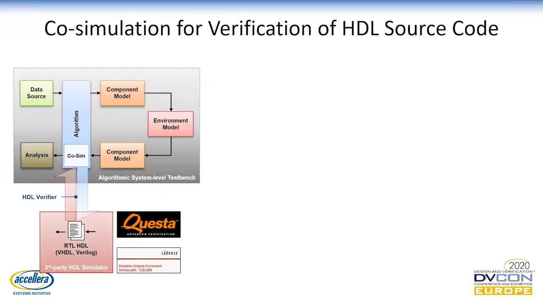Co-simulation for verification of HDL source code. So apart from the visualization that is provided to help you understand the error code, the error cause, you can integrate the HDL inside a co-simulation environment. So we use QuestaSim and the Cadence simulators. You can use them and simulate them together in parallel to your golden reference.